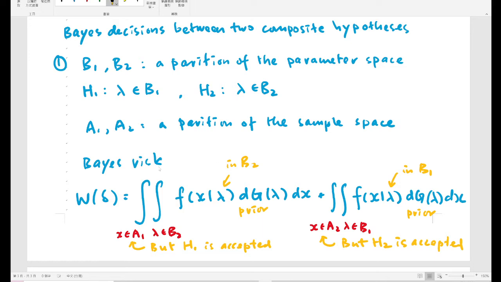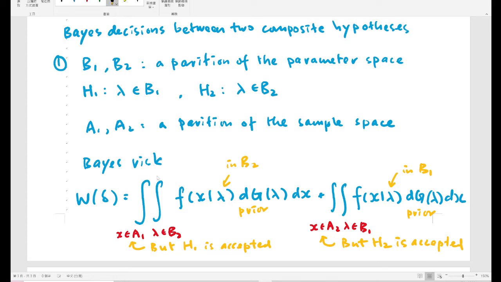The first integral here represents the cost of making a mistake when we accept H1. When do we accept H1? We accept H1 when X is in A1, okay? And when do we make a mistake? We make a mistake when lambda is in B2 in fact. So we mistakenly accept H1.